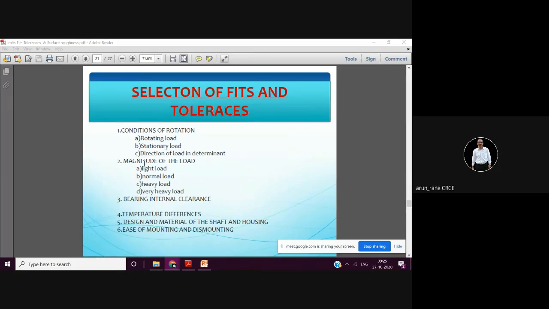Then what is the magnitude of the load? Whether it is light load, normal load, heavy load, or very heavy load. So that load has to be decided.